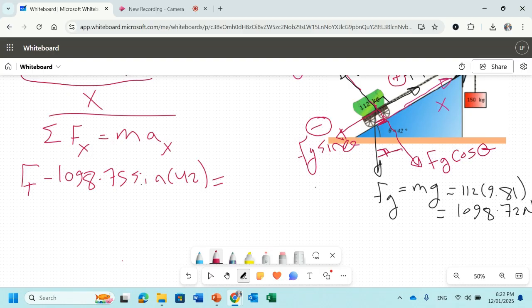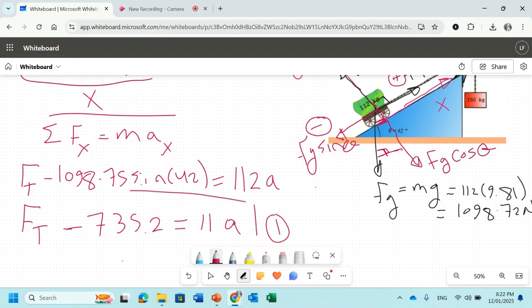Mass times acceleration; mass is 112 times a. So this will be Ft. If we calculate this one, it will be Ft minus 735.2 equals 112a. We can call this equation 1.